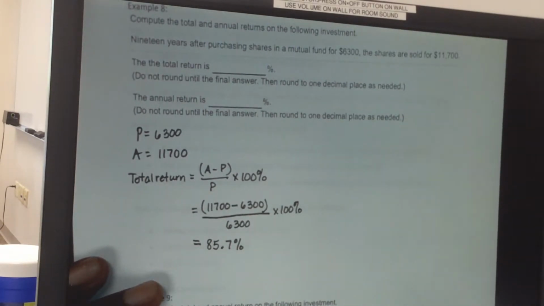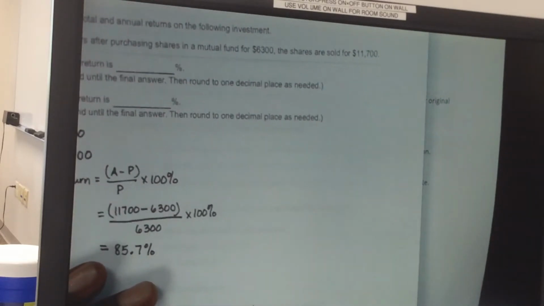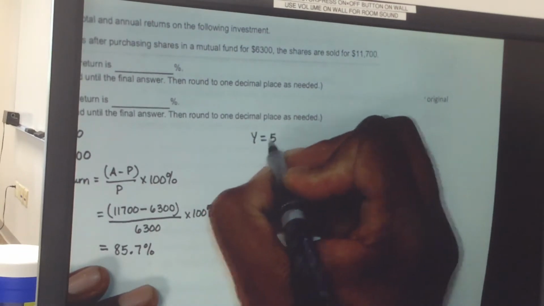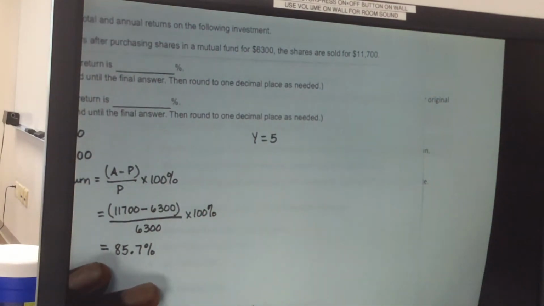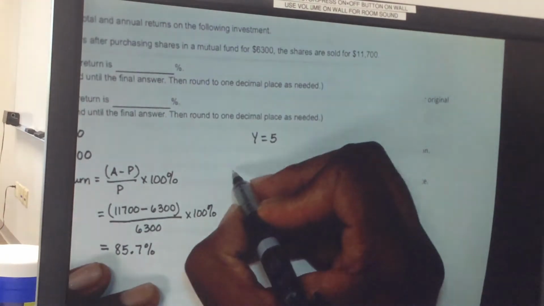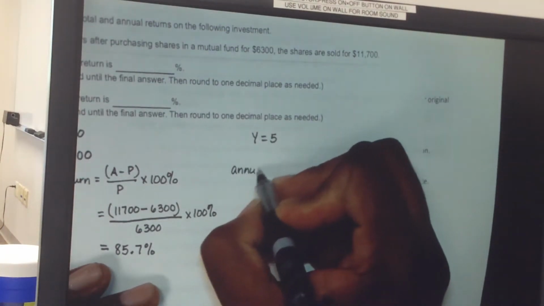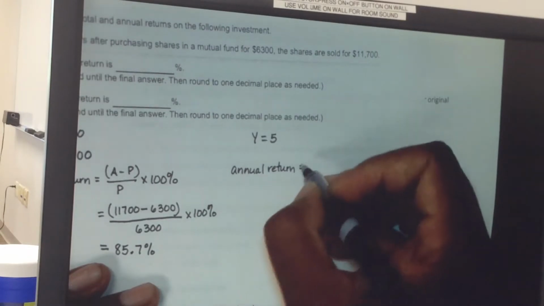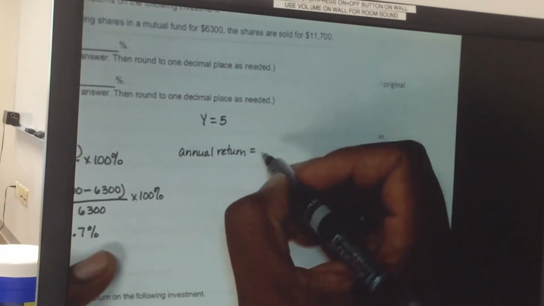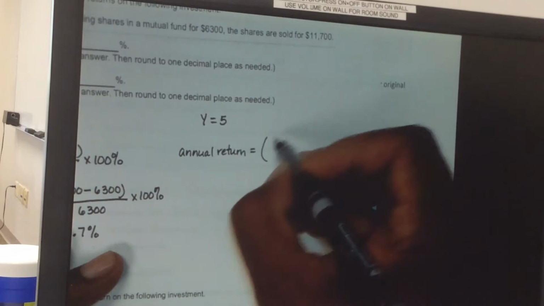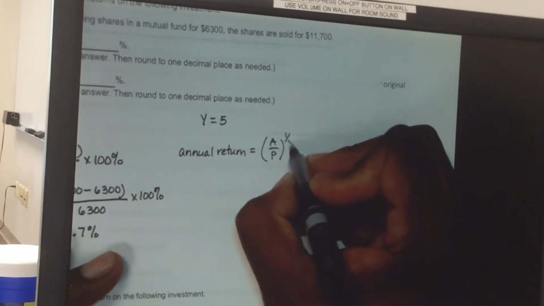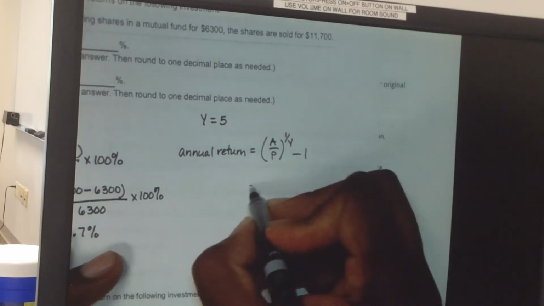Okay? And now for the annual return. So here the Y is equal to 5. Your annual return formula is going to be A divided by P to the 1 over Y minus 1.